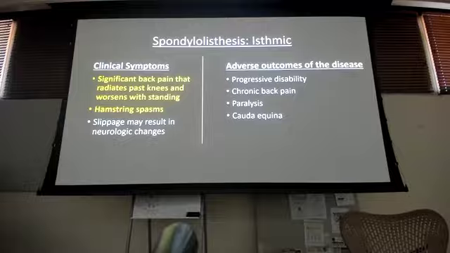Okay. All right. So slippage can result in neurologic changes. That makes sense to you guys by now, right? Okay. So adverse outcomes: if you do nothing about the disease, there's progressive disability. So it can lead obviously to chronic back pain. It can lead to paralysis if it's bad enough. And can it lead to cauda equina syndrome?